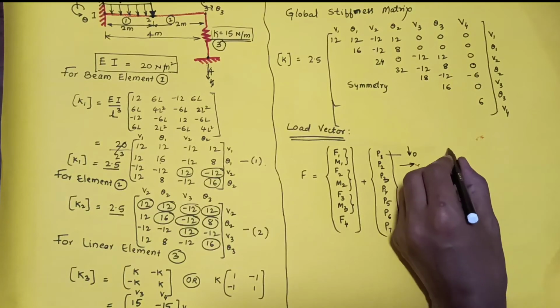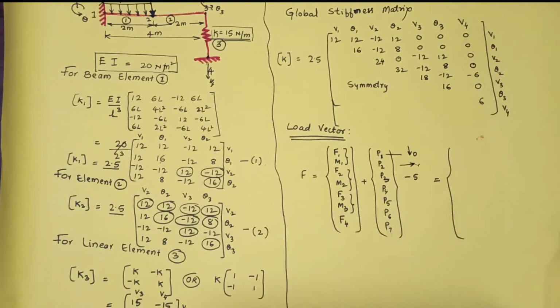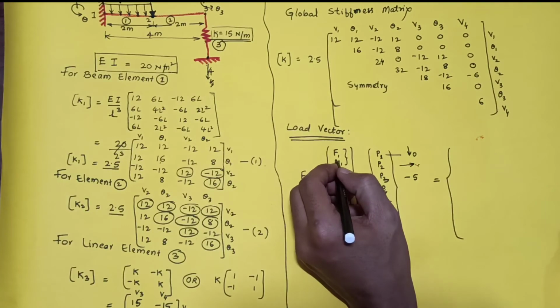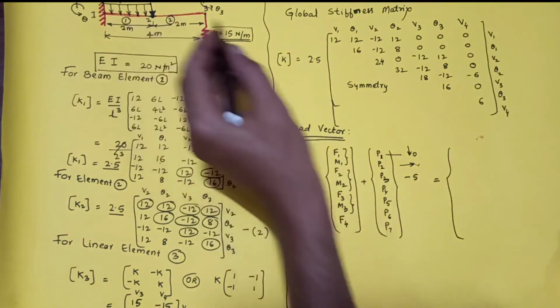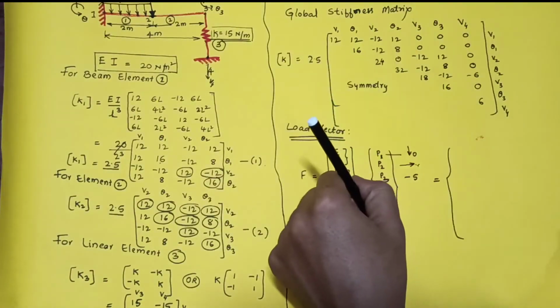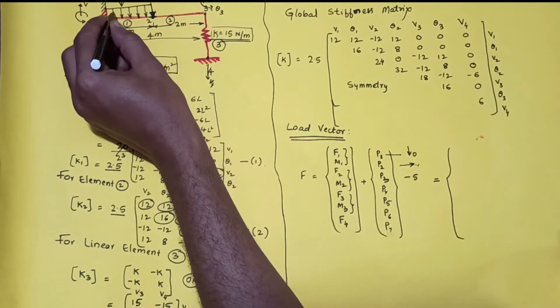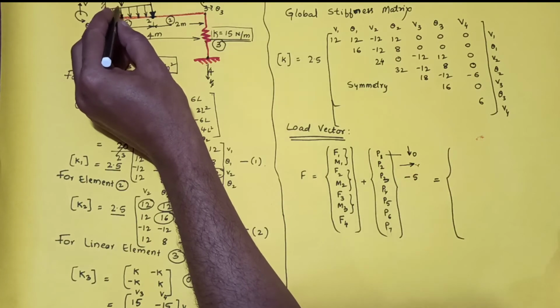Now what is the equation to calculate the forces and also the bending moment? Here this is a UDL. For the UDL the loads are acting downward, so the shear force will be PL by 2.